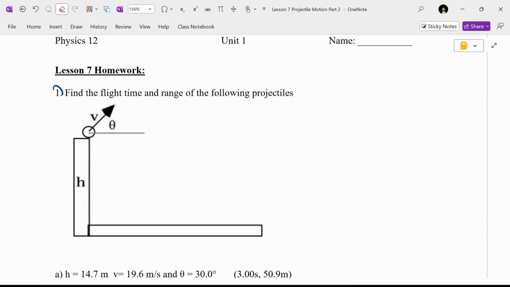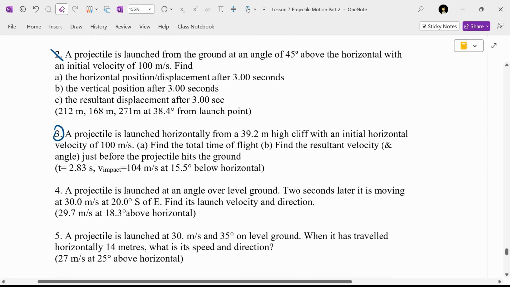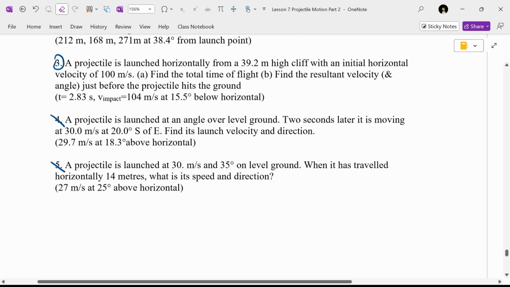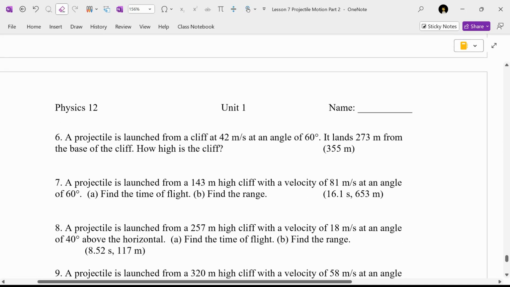But for now, from the homework, number 1 is good. Skip 2, you can try number 3. Skip 4. Skip 5. You can try number 6.